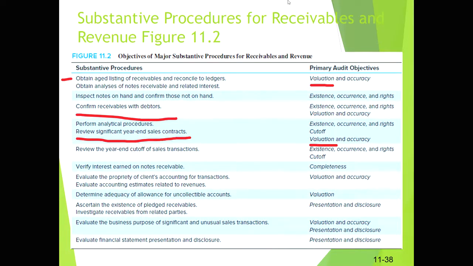And then obviously, you can look at some of these others, if there are any estimates related to revenues and timing of revenues. That depends on the nature of the transactions as well. That can get to valuation and accuracy. So if this is a construction company that you're auditing, obviously a lot of it is based on costs incurred to date relative to projected cost.